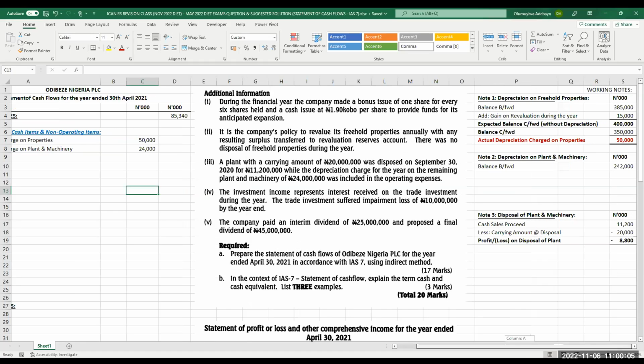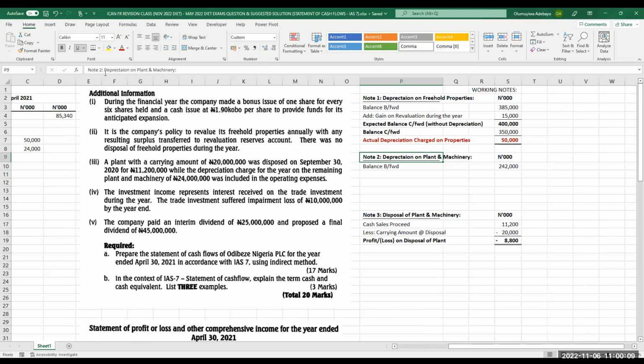Now, let me reconcile the movement here. Therefore, I'll change this from depreciation to movement.